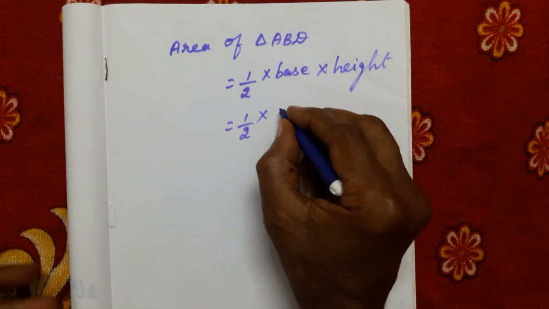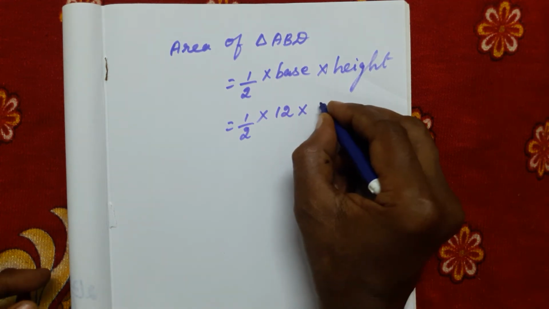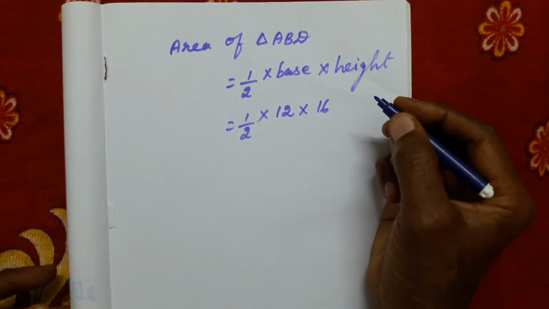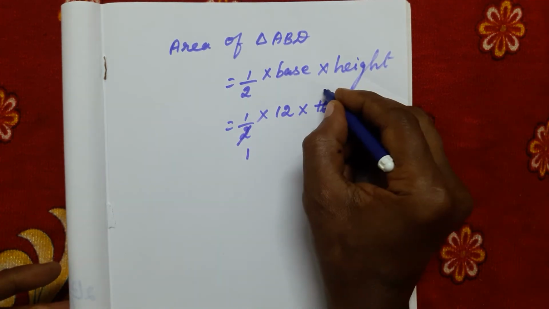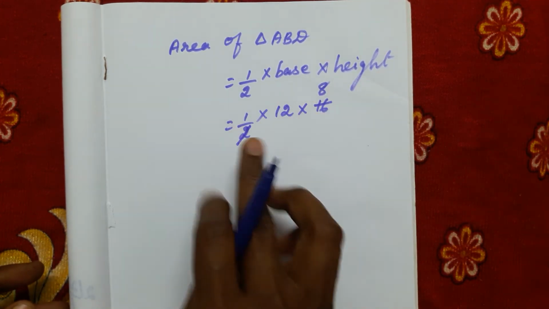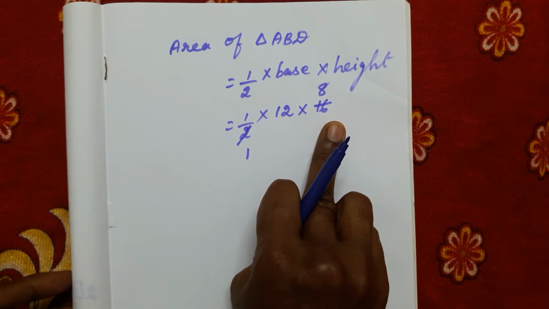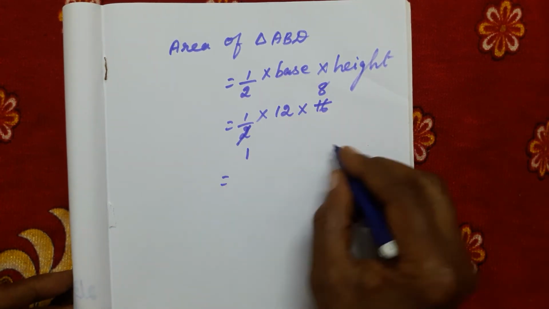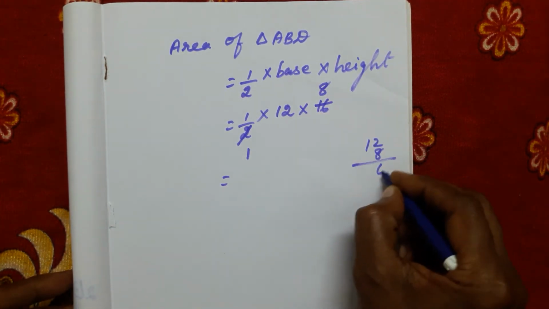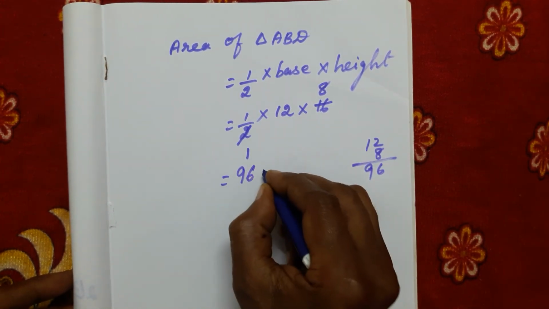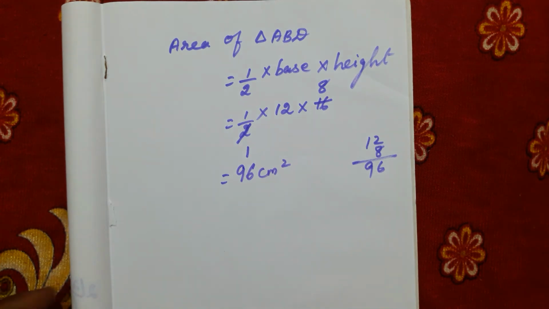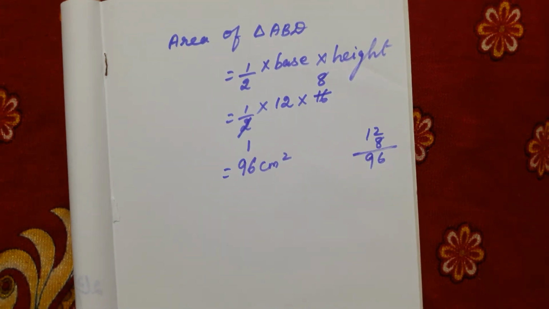Base is 12, height is 16. 1 2 is 2, 8 2s are 16, this also you can cancel. 12 8s are 96. Area of triangle ABD is equal to 96 centimeters squared.